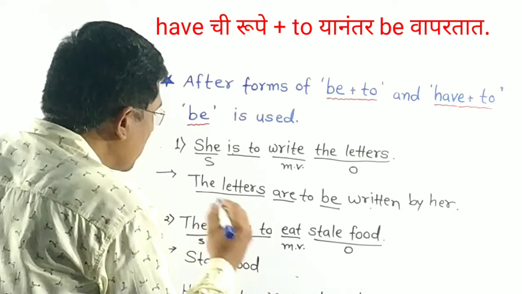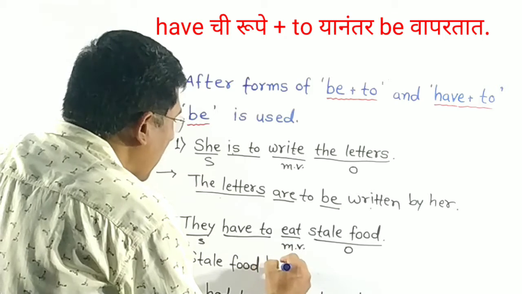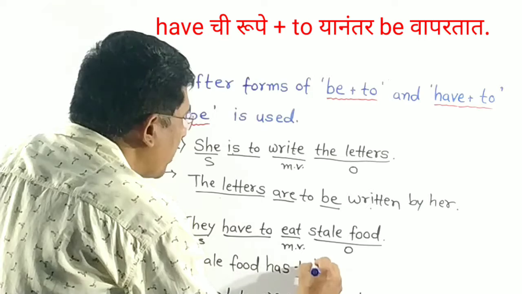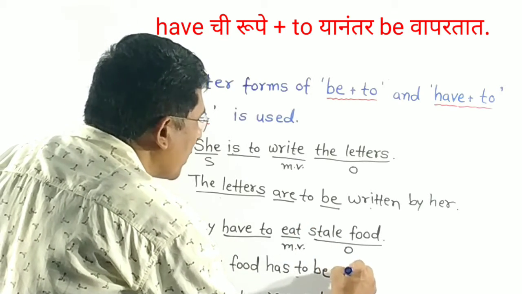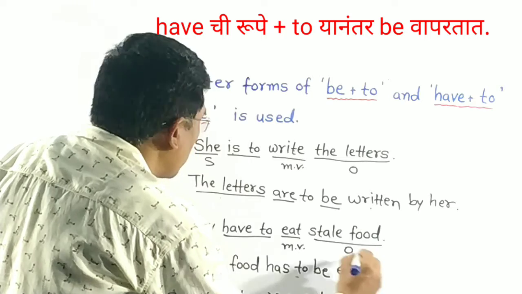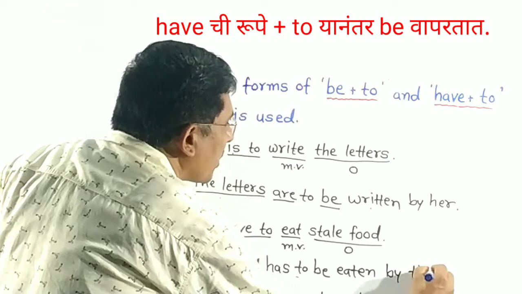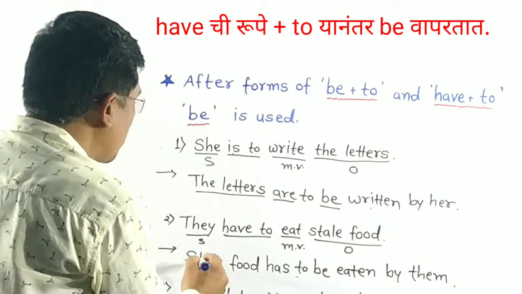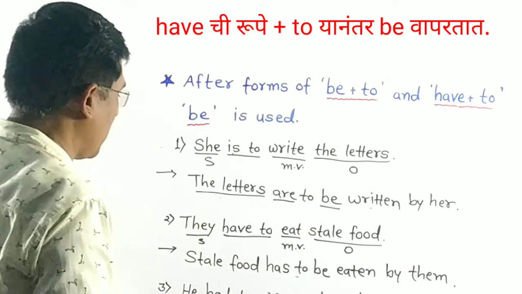You know stale food is a singular subject. Take appropriate form of have. Has to be, V3 of main verb, eaten, by them. They becomes here them. Stale food has to be eaten by them.